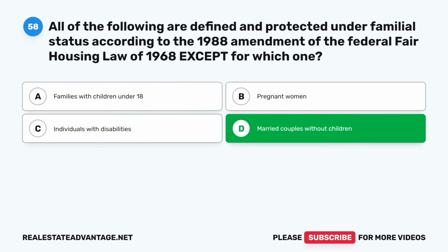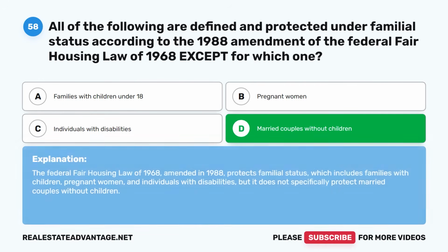The correct answer is D. Married couples without children. The Federal Fair Housing Law of 1968, amended in 1988, protects familial status, which includes families with children, pregnant women, and individuals with disabilities, but it does not specifically protect married couples without children.